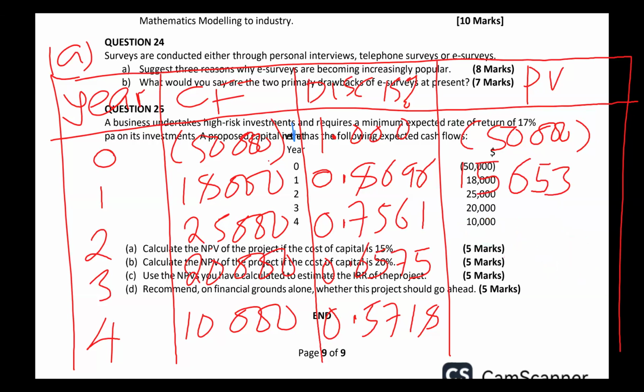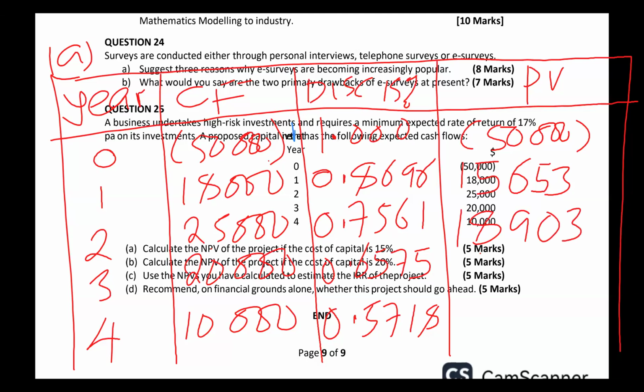Let's go to the second year. Just multiply 25,000 times the corresponding discount factor. It's giving us 18,902.5, 903 then.